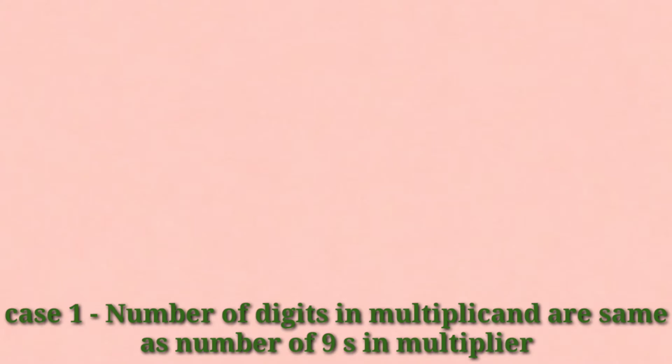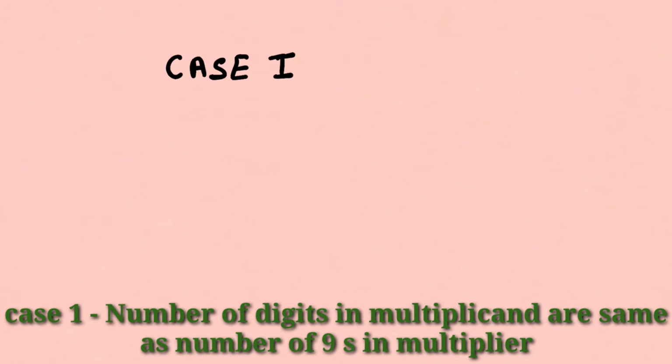Now let's take case 1. In this we learn to multiply any number as a multiplicand multiplied by the same number of 9s in the multiplier.